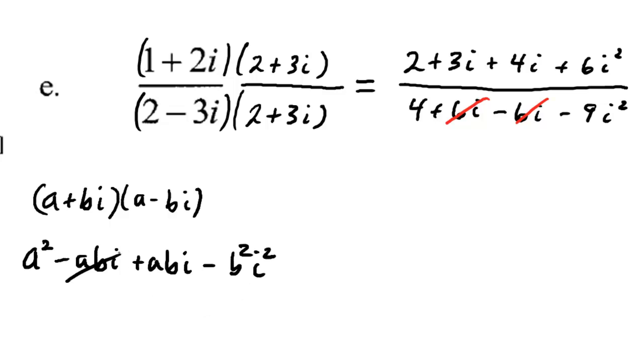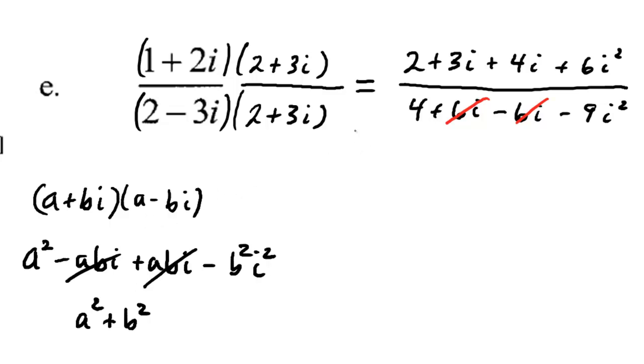These two always cancel, but b squared times i squared, well, i squared is negative 1, so negative b squared times i squared is positive b squared. The result is a squared plus b squared. See, in intermediate algebra, they told you that a sum of squares is not factorable. It isn't over the real numbers, but with complex numbers, you can factor it. It comes out to a conjugate pair with an i on the second term.